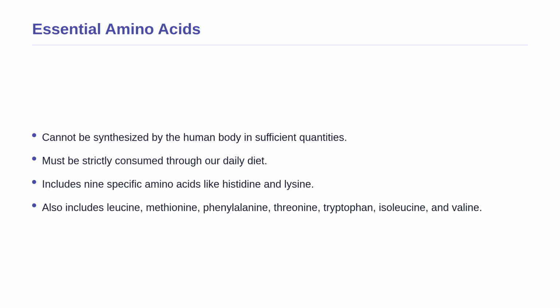Therefore, it is absolutely mandatory that these 9 specific amino acids are consumed through our daily diet. If you do not eat them, your body simply will not have them. These include vital molecules like histidine, isoleucine, leucine, lysine, methionine, phenylalanine, threonine, tryptophan, and valine.